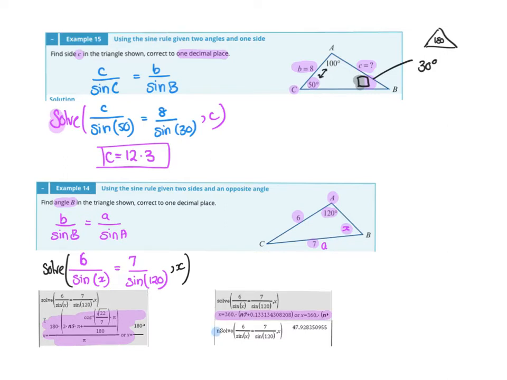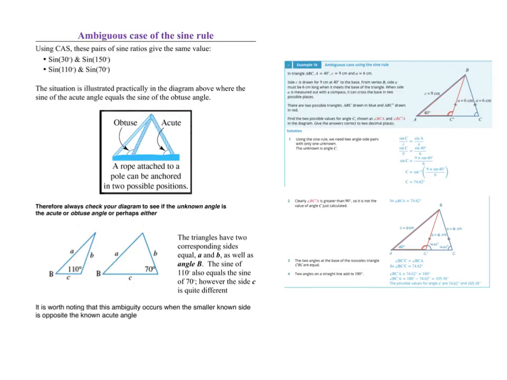So if we do an nSolve, we're going to get the one answer. So we'll see here, we end up with the answer that angle B equals, now it's set to 1 decimal place, 47.9 degrees.